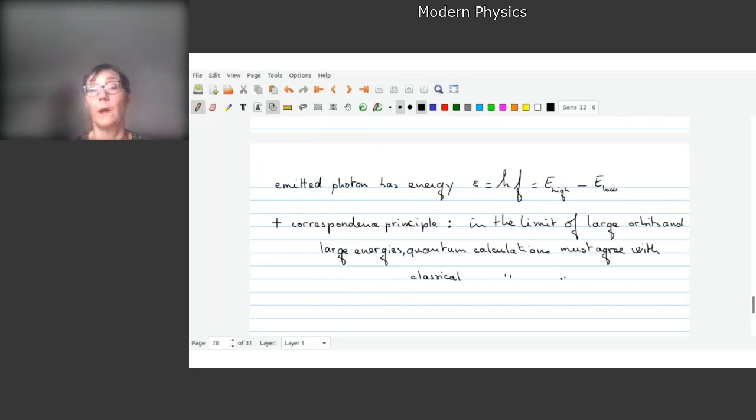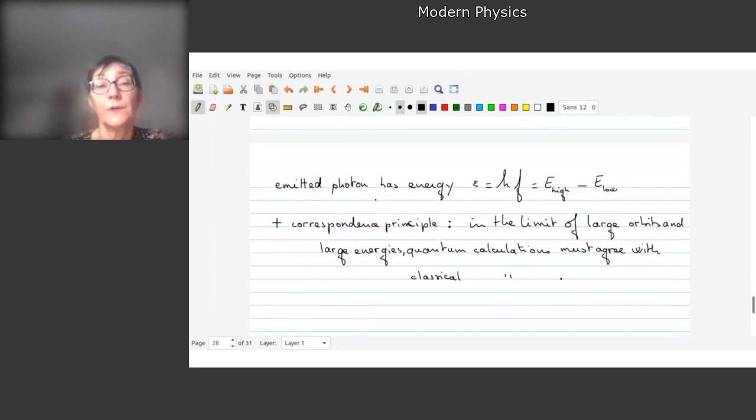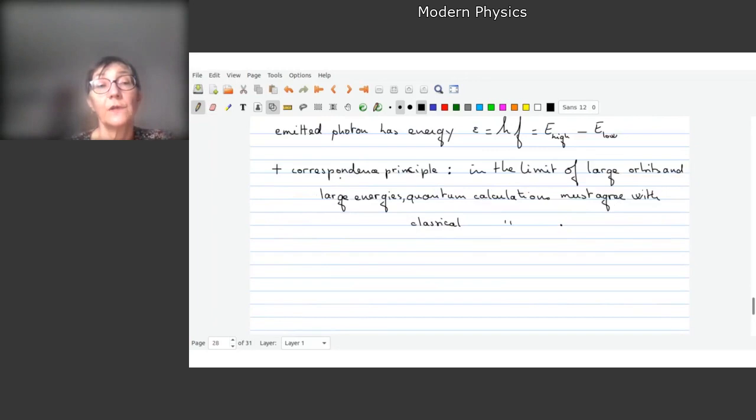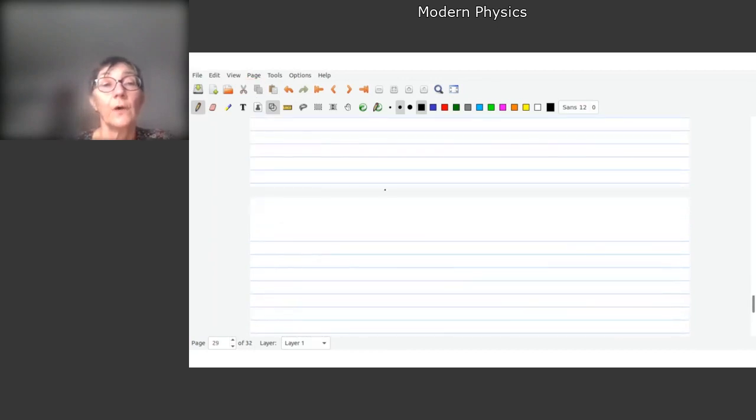This is very reasonable. Actually, we are not going to deduce the following results using this correspondence principle, because it's more tricky than what we are going to do now.